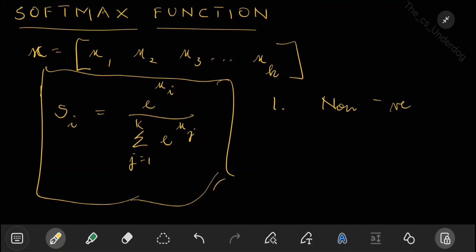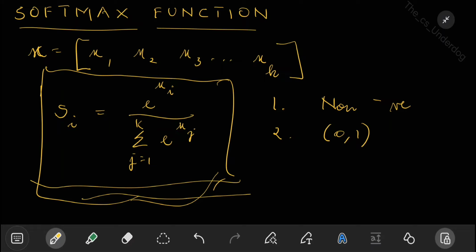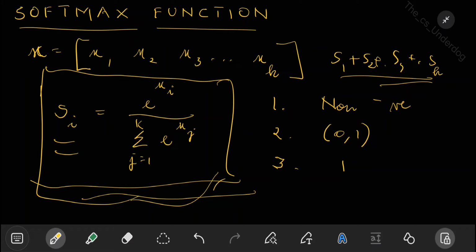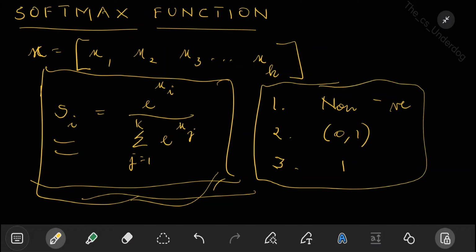The second property is that every value is in the range 0 to 1. Whatever you get from this function, it will be in the range 0 to 1. And the third property is that the summation of all the values will be 1. That is, if you sum S1 plus S2 plus S3 up to SK, you will get 1. So these are the three major properties of the softmax function.